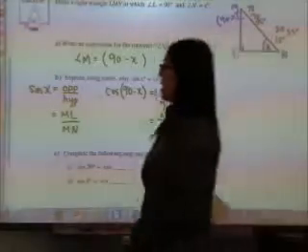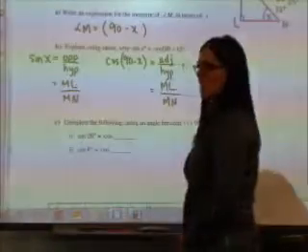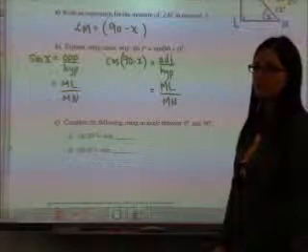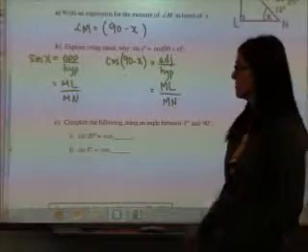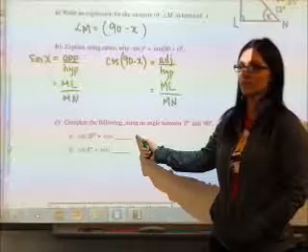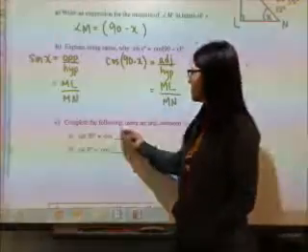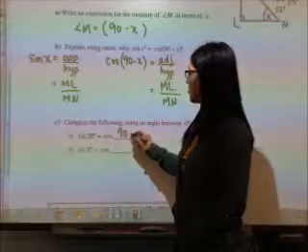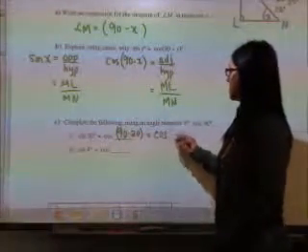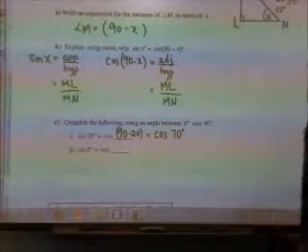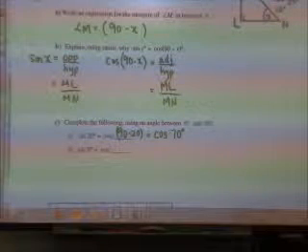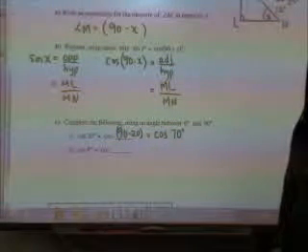So, if I give you sine 20, what would sine 20 be equal to? So sine 20 would equal cos. So 90 subtract x, which is 20. What's 90 minus 20? 70. So cos 70. Sine 8 would equal cos what? 90 subtract 8.